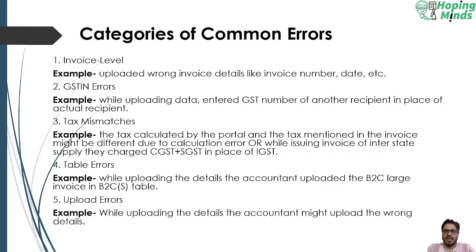Let us first see what are invoice level errors. So invoice level errors can be like duplicate invoice numbers or wrong invoice date, that is mentioning an invoice date that is beyond the return period or before the return period, or it can be an incorrect invoice type like reporting of B2B invoices instead of export invoices, or there could be other invoice level mistakes like declaring invoices both in B2B columns and B2C large invoice columns, and so on.